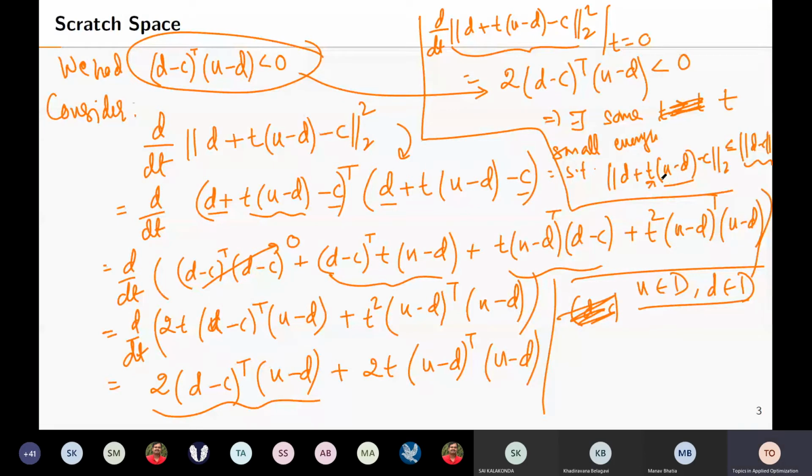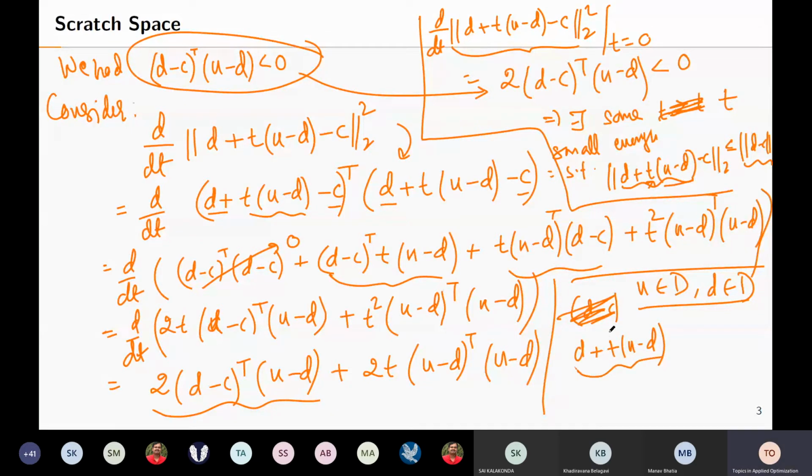The way I should ask is the following: where does the point d plus t u minus d belong, given that u and d are in D? D is convex, right?